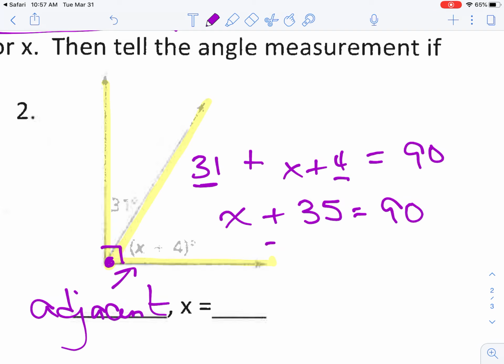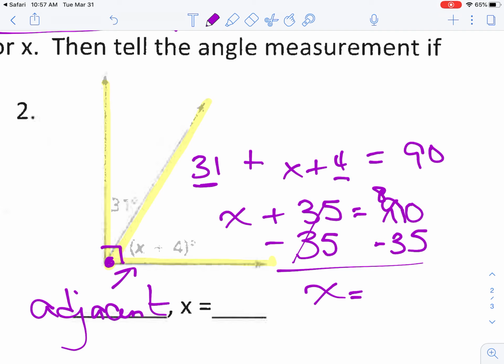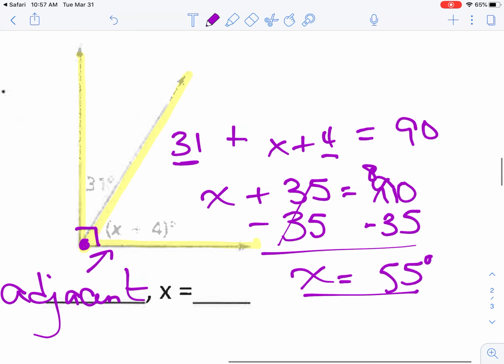We're going to undo addition or do the inverse operation and subtract 35 from both sides. Show your cancellation. 90 minus 35 is 55 degrees. Okay. We're actually not quite done.